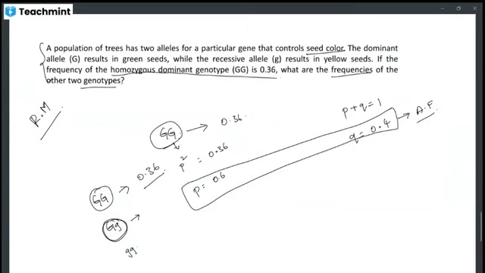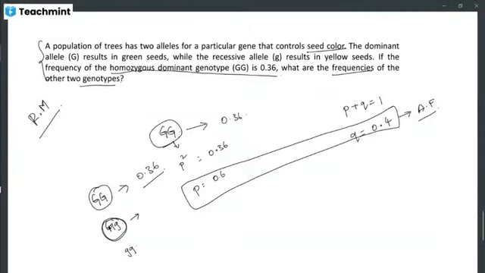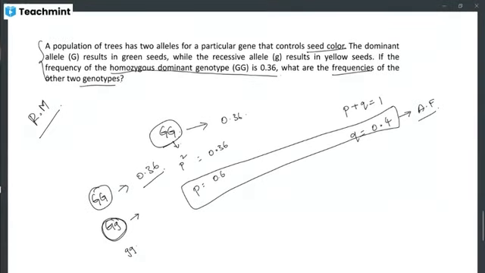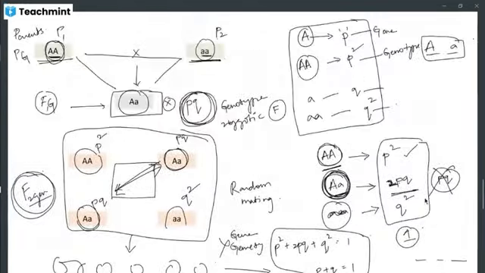I just want the expression, right? No, it will not be PQ. See, it will be 2PQ. Please have this idea as we discussed even here. So for the heterozygotic individuals, the genotypic frequency will be 2PQ.